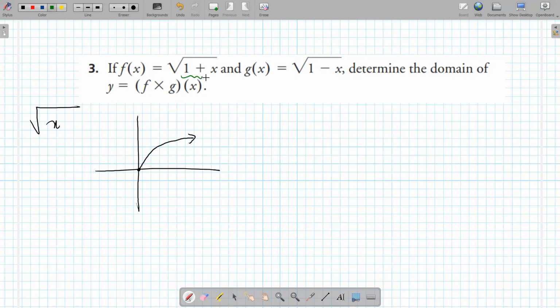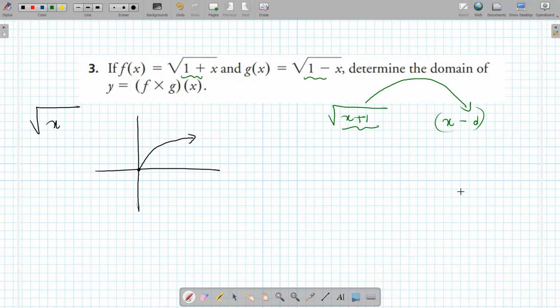If anything is inside the function, like these ones, they're gonna move it either left or right. If you have x plus 1, like this, the form you're comparing it with is this. This is called the transformation using the point mapping rule. We did this a long time ago.